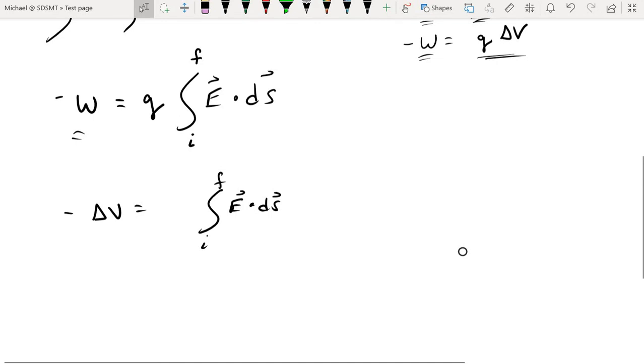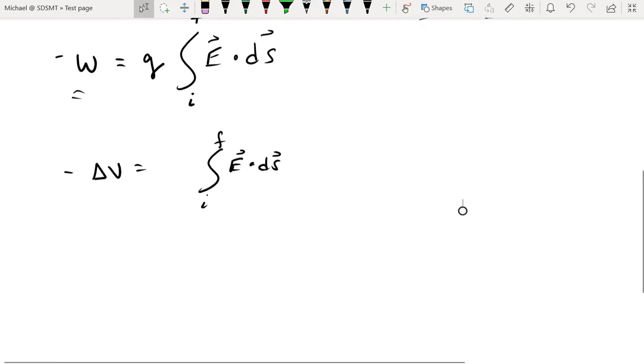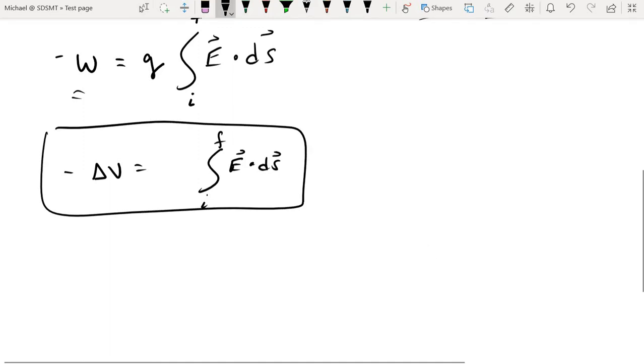We can still do certain types of physics problems without the need of a charge to be present. And so this is going to be the generic starting point for all of the future expressions that we're going to derive to figure out the electric potential in a system.